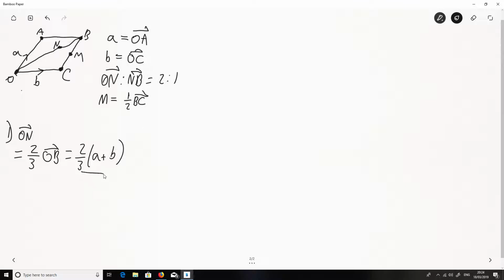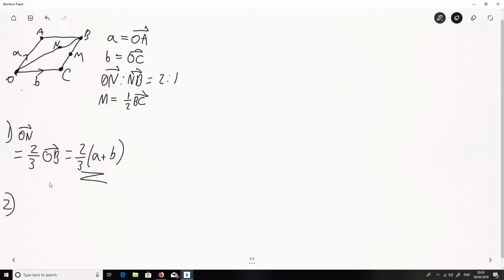And that is just the answer, because if we take 2/3 of that whole distance OB, we get 2/3 up A and 2/3 up B, and we end up at N. So that's how you solve for this distance, because we know it's 2/3 of the way across from the ratio we're given. So that is the value of ON.